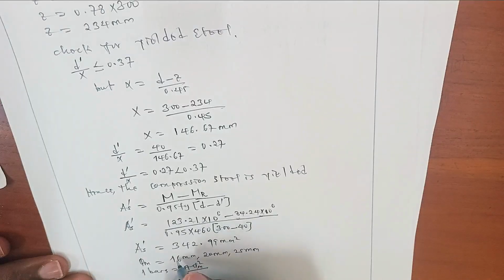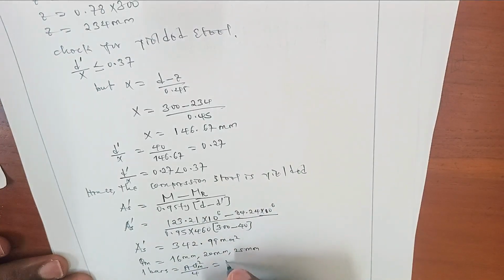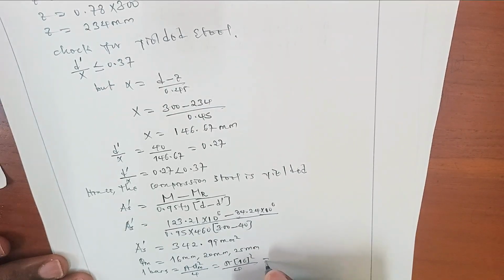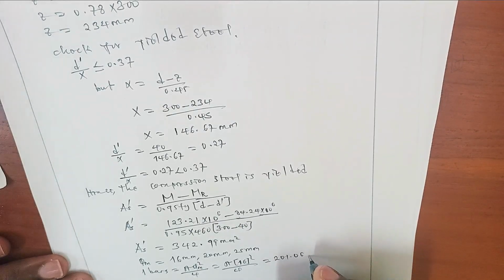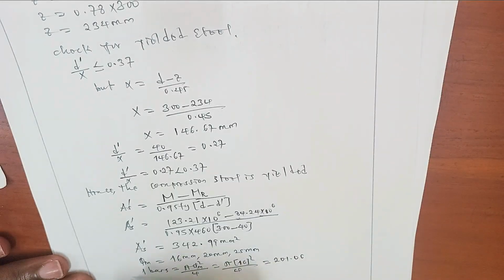Let's assume we use the minimum bar diameter, which is 16 millimeters, so it will be equal to pi times 16 millimeter squared divided by 4. It will be equal to 201.06. Now, this is the area of one bar.